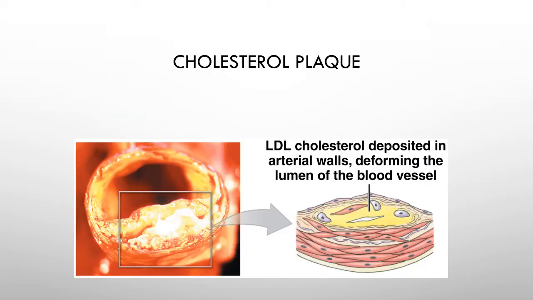So we have a cholesterol plaque, and the left picture has an actual artery where that plaquing has been seen. And with that, you can see that we have the layer of endothelium here, and then we have the plaquing underneath. And all of that plaquing is deep to the vessel wall itself.